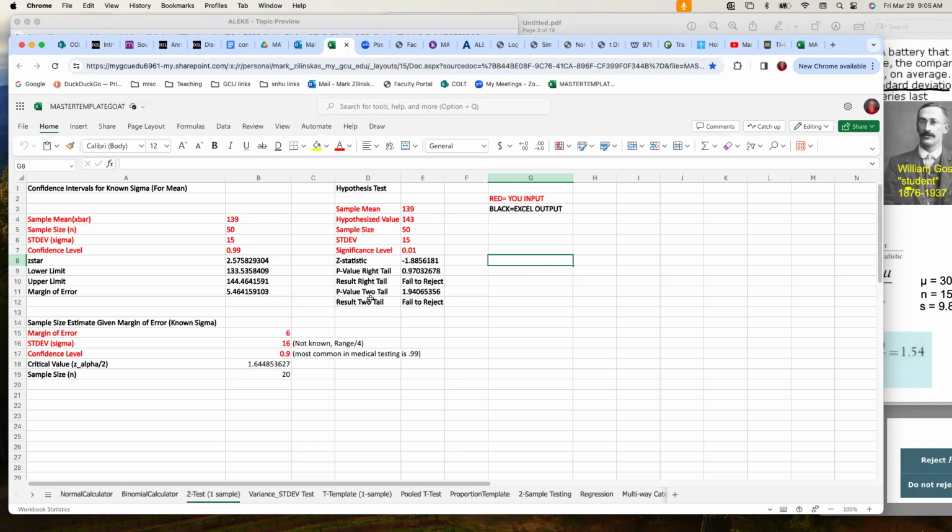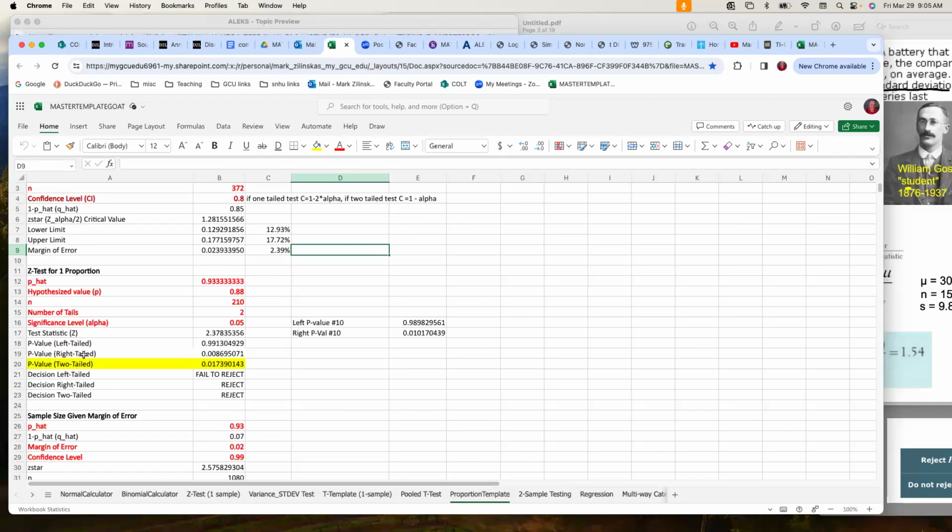As far as I know, I didn't manipulate this, so I'm not sure what's going on with this spreadsheet, because most of the other ones that we use, like when we did our proportion, give both the left and the right tail. This one for some reason is only giving the right tail.